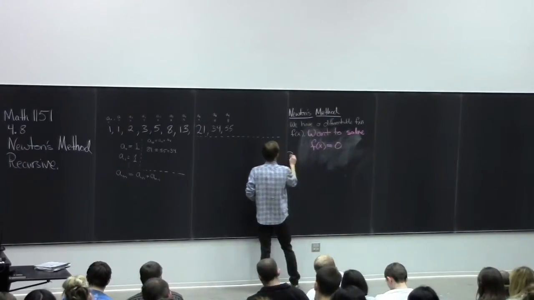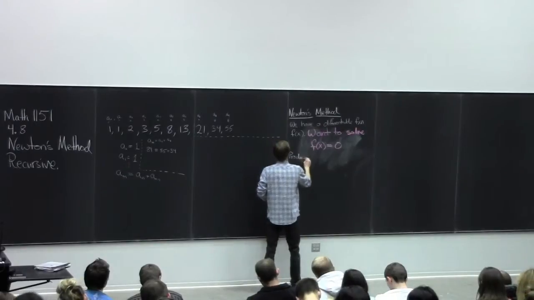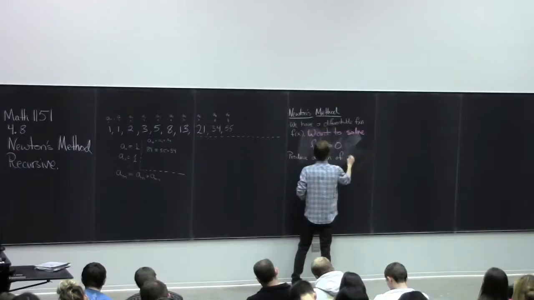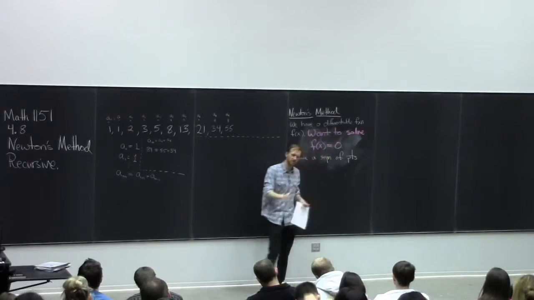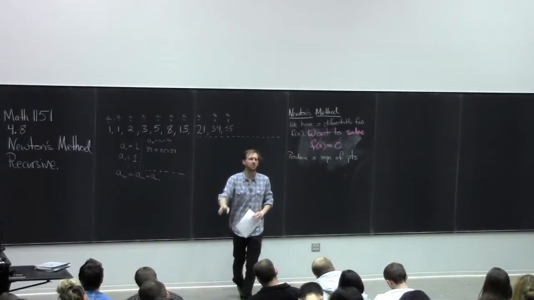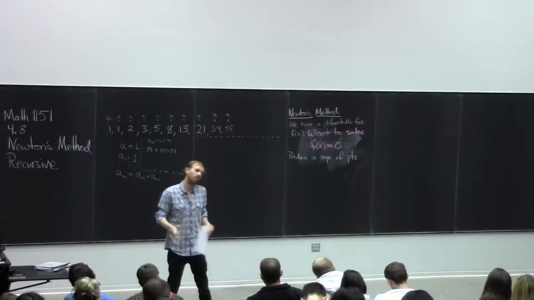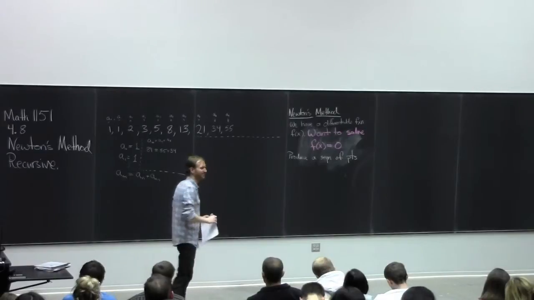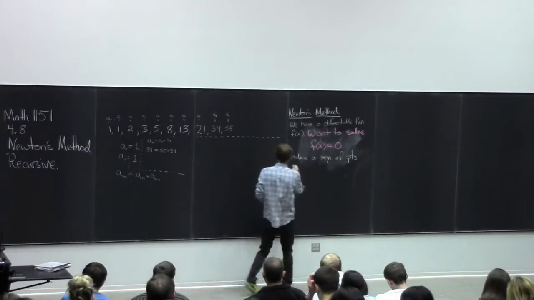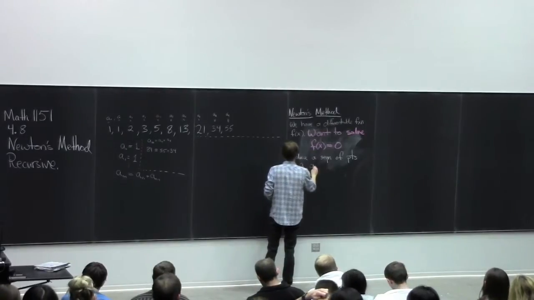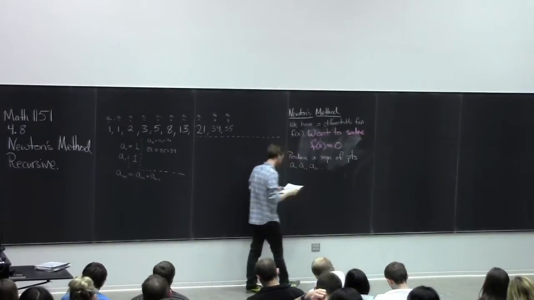We're going to produce a sequence of points, and these are going to be closer and closer and closer solutions, hopefully. Sometimes they're not. And they're going to be called A0, A1, A2, and so on.